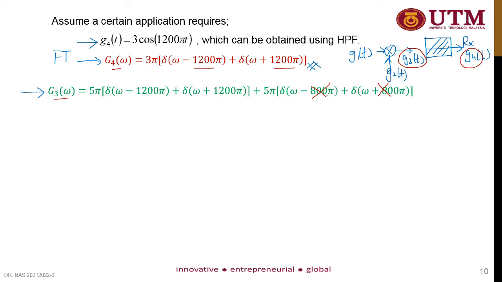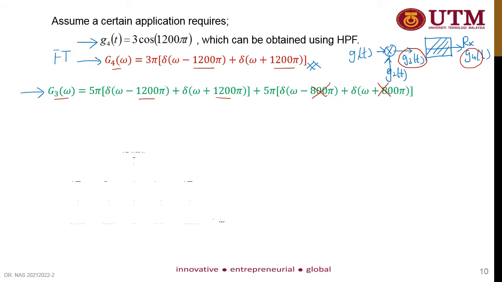So in this case, you need to use a high pass filter in order to select the higher frequency component. In this case, the frequency is 1200 pi, both positive and negative frequencies, and remove the lower frequency component.